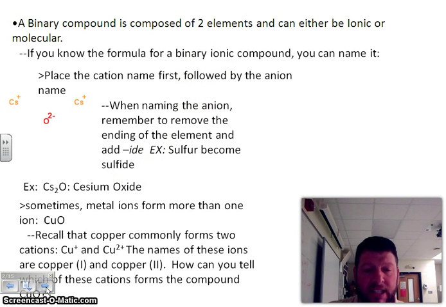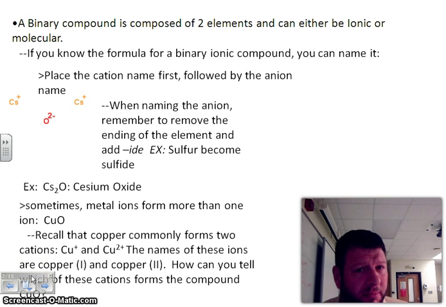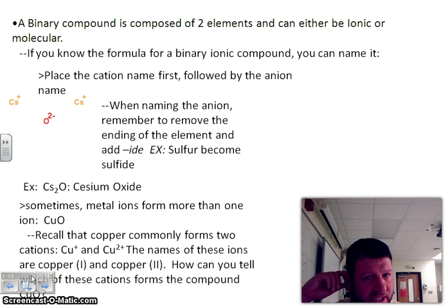Now sometimes, don't forget we talked a little bit about this too, metals form more than one ion. Let's take a look at copper, for example, copper and oxygen. Recall that copper commonly forms two cations, Cu+ and Cu2+. The names of these ions are copper(I) and copper(II).